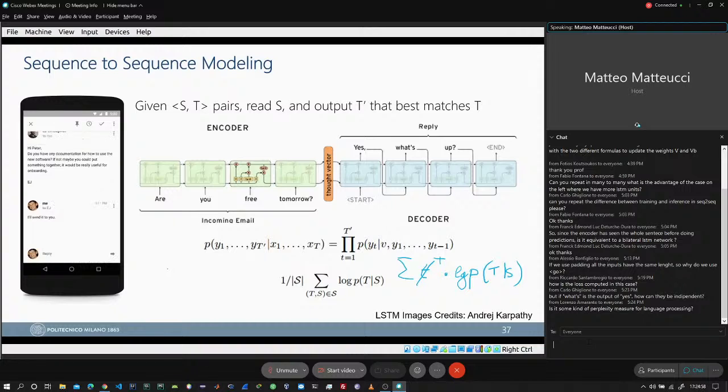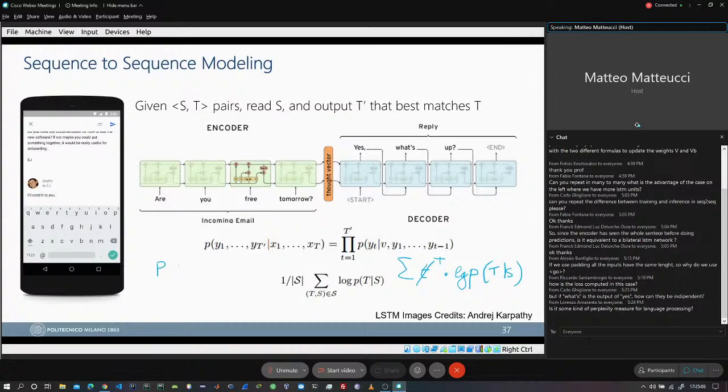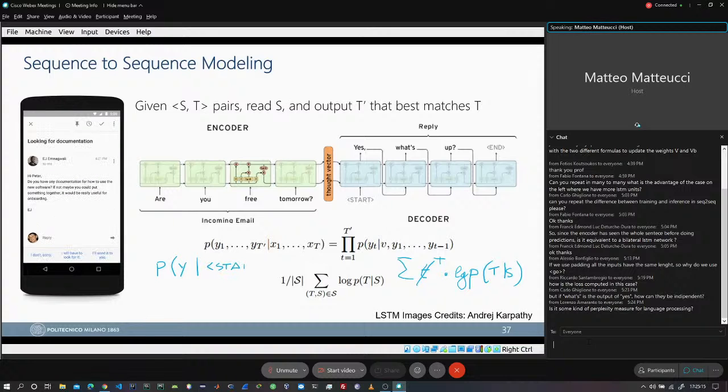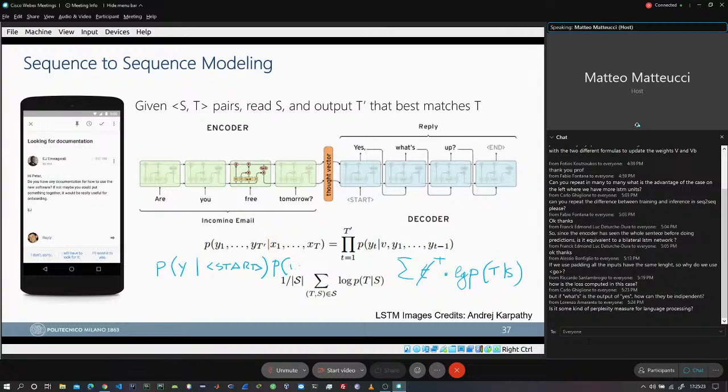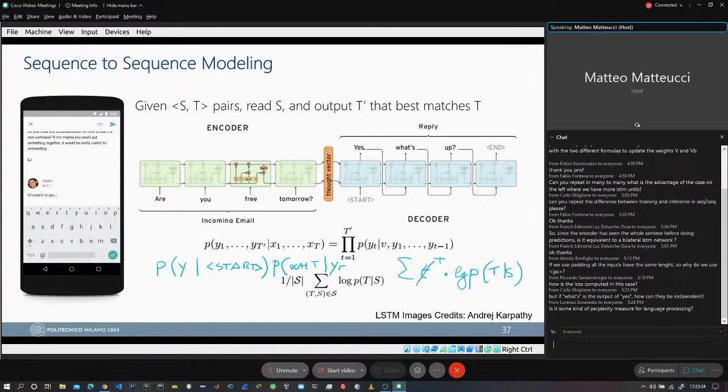You try to compute the probability of yes given start, times the probability of what, given yes.